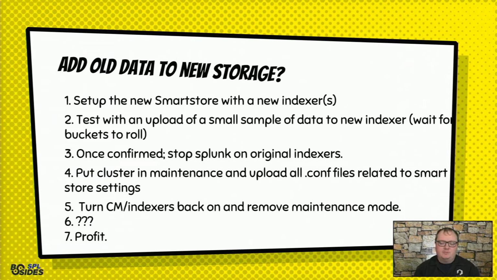It starts the migration process, and if you have your monitoring console set up, you can see the percentages of how much data is moving where, and what percentage each indexer is at. If you have 10 indexers, 9 of them are 90% done, that way you can see how many indexers are still trying to process and upload data. And again, remember, if it's local to the cloud, it's uploading, and uploads are always the fastest thing in the world, so it may take a while depending on how much storage you're wanting to move from cluster local to cluster SmartStore.